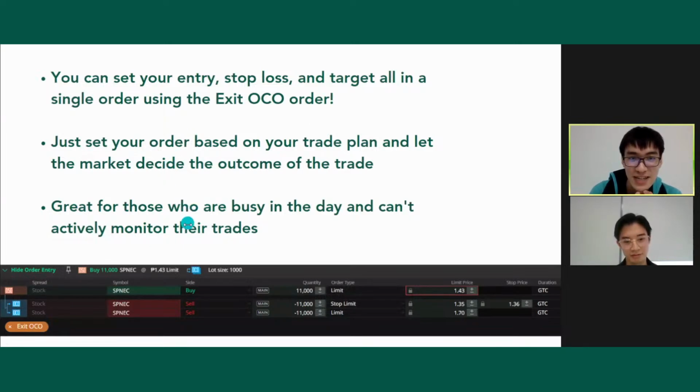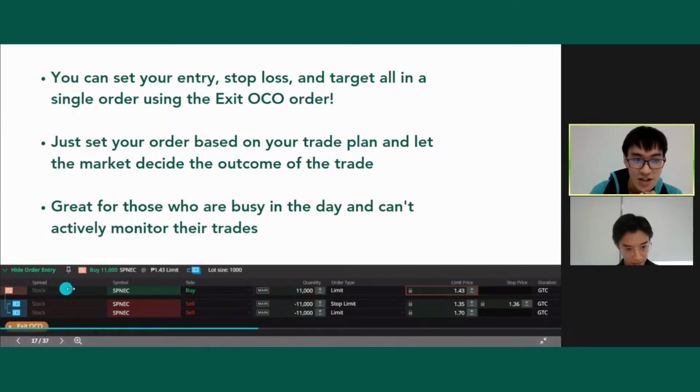So, how it works is ganito. So, here, for context, what exit OCO means is OCO means order cancels order. So parang ganito lang siya. So here, if this buy order is filled, if na-execute itong buy order, it will trigger these two sell orders.